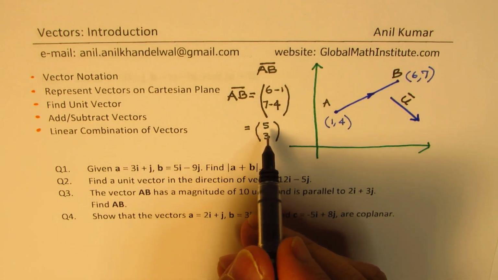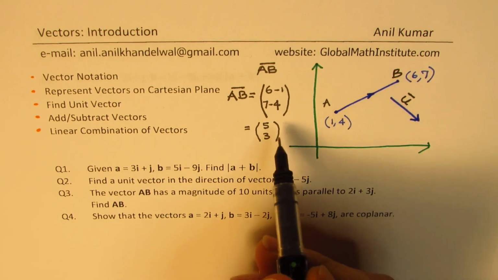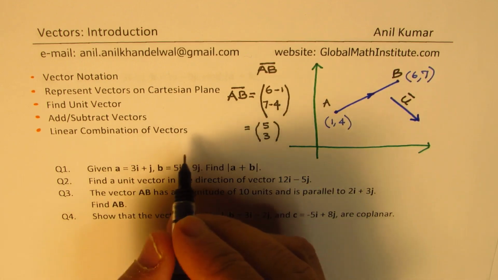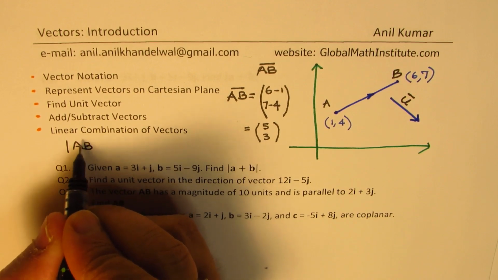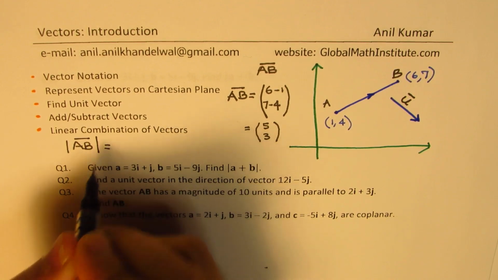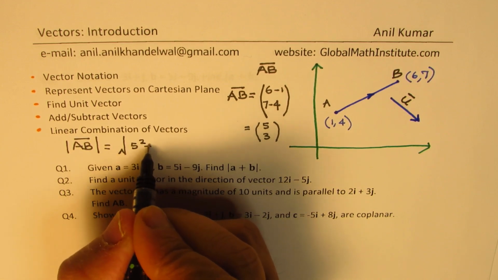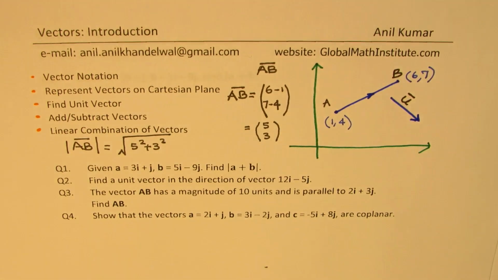Now the direction of this vector can be given by the slope of this line, right, tan theta, and the magnitude can be calculated. We can write down the magnitude of the vector AB as equal to 5 square plus 3 square square root. Using Pythagorean theorem, right?